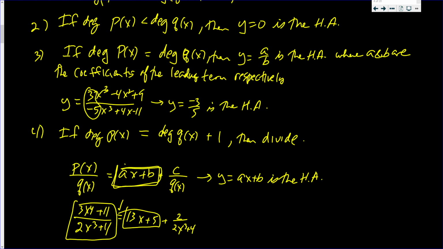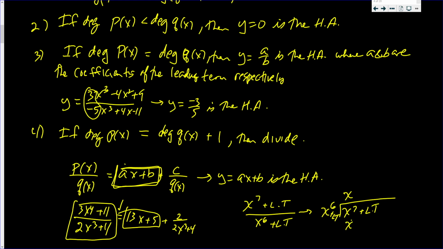And the reason is, if you have x to the 7 plus lower terms divided by x to the 6 plus lower terms, x to the 6 goes into x to the 7 x times.